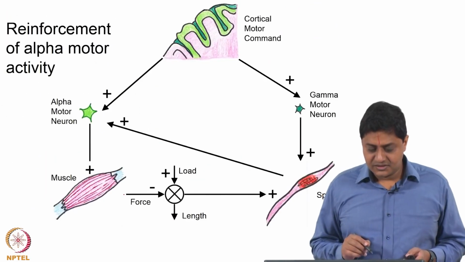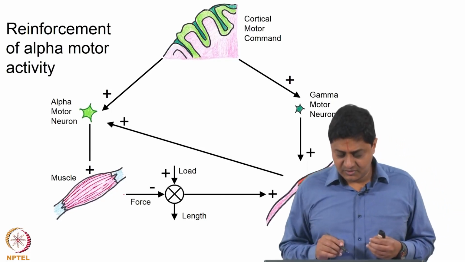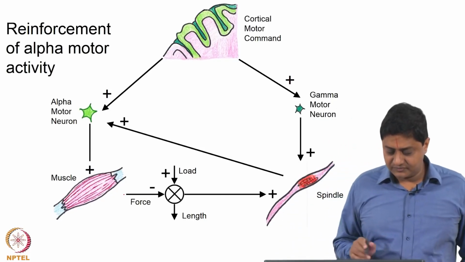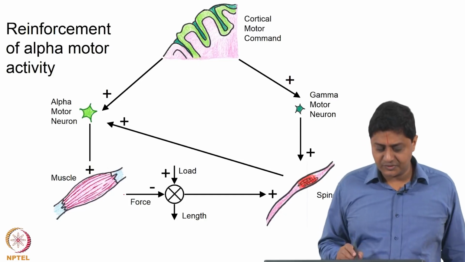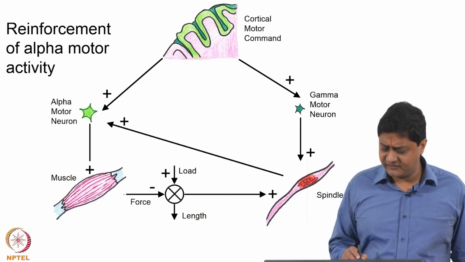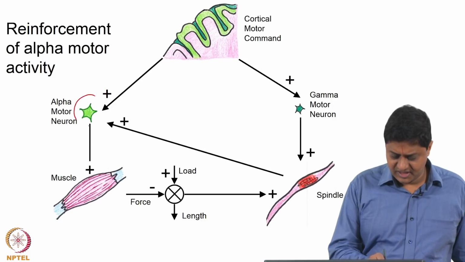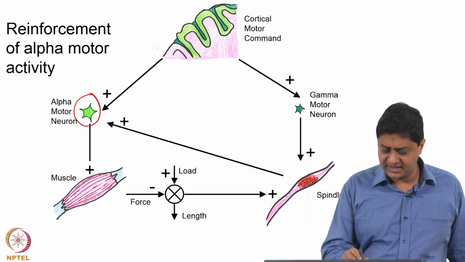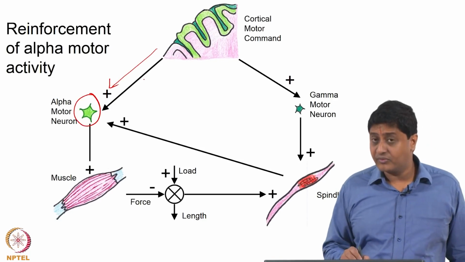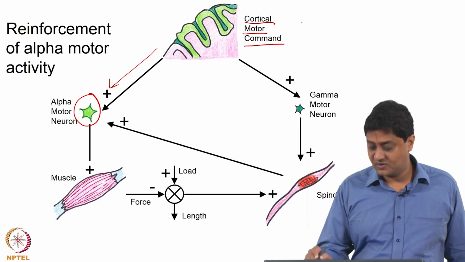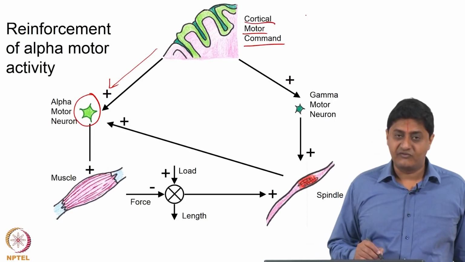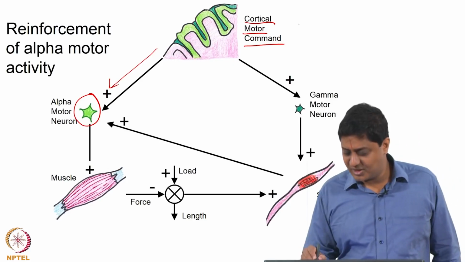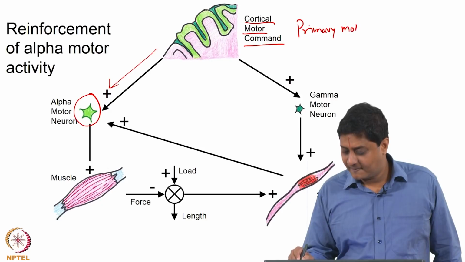Okay. So, one more thing, let us also remind ourselves of the total of what is going on. The alpha motor neuronal activity is going to get excitement from the cortical system, or unfortunately this also has the same name, primary motor cortex, which in future classes I will call M1.